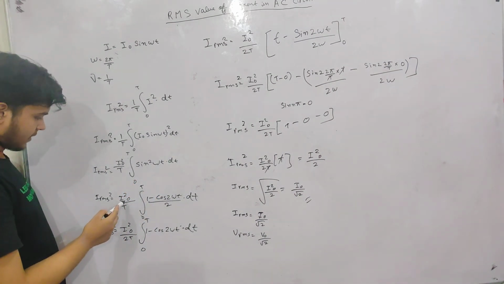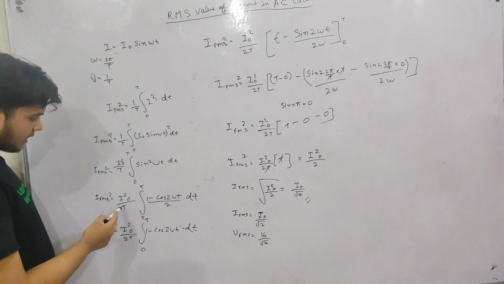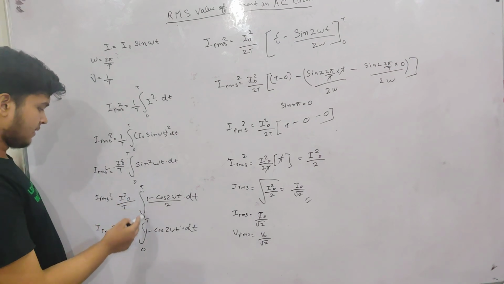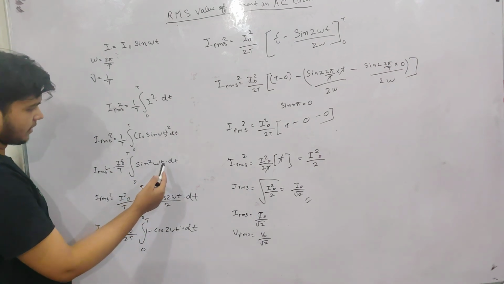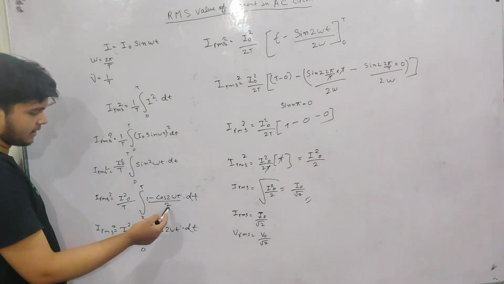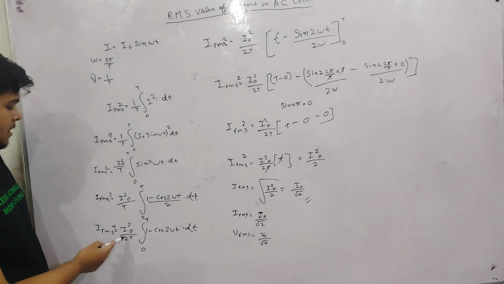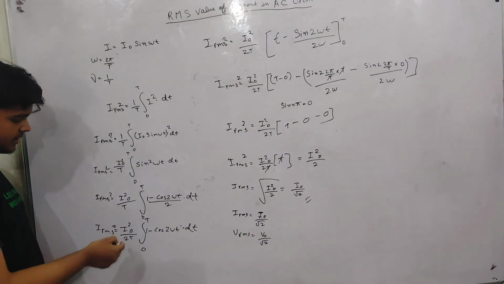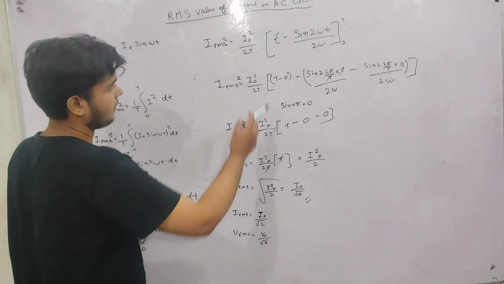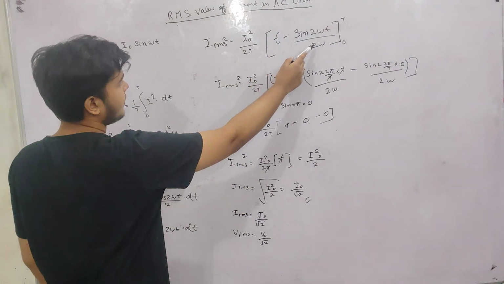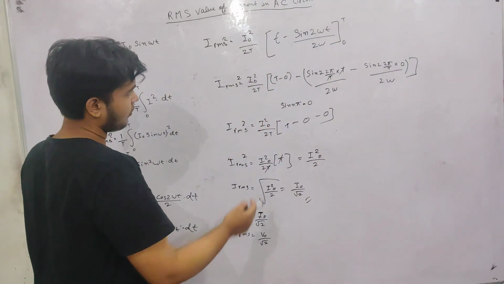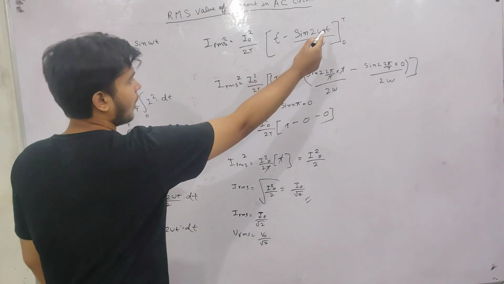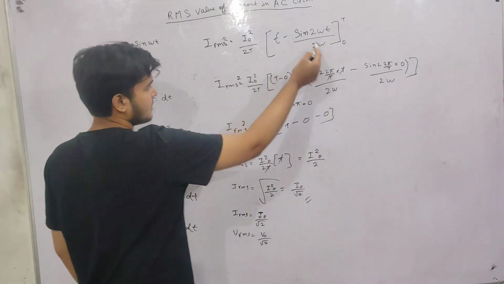I RMS square equals I naught square by T, and we will put the value sin square omega t as 1 minus cos 2 omega t by 2 into dt. I naught square by 2T, and 1 minus cos 2 omega t, will come outside as a constant. Here it will be t minus sin 2 omega t by 2 omega, upper limit minus lower limit.